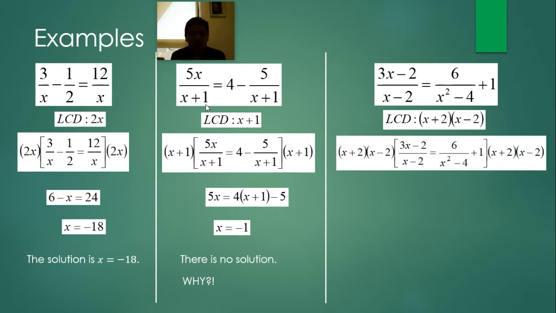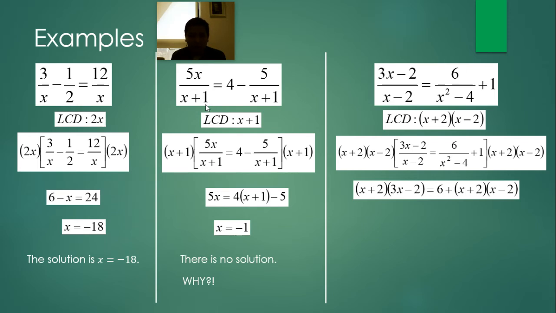Take note that as you multiply the LCD, take note of its factors and what will be cancelled out. Not everything from the LCD is cancelled out. As you'll see here, 3x minus 2 should be multiplied to x plus 2. And then 1 is multiplied to both x plus 2 and x minus 2.